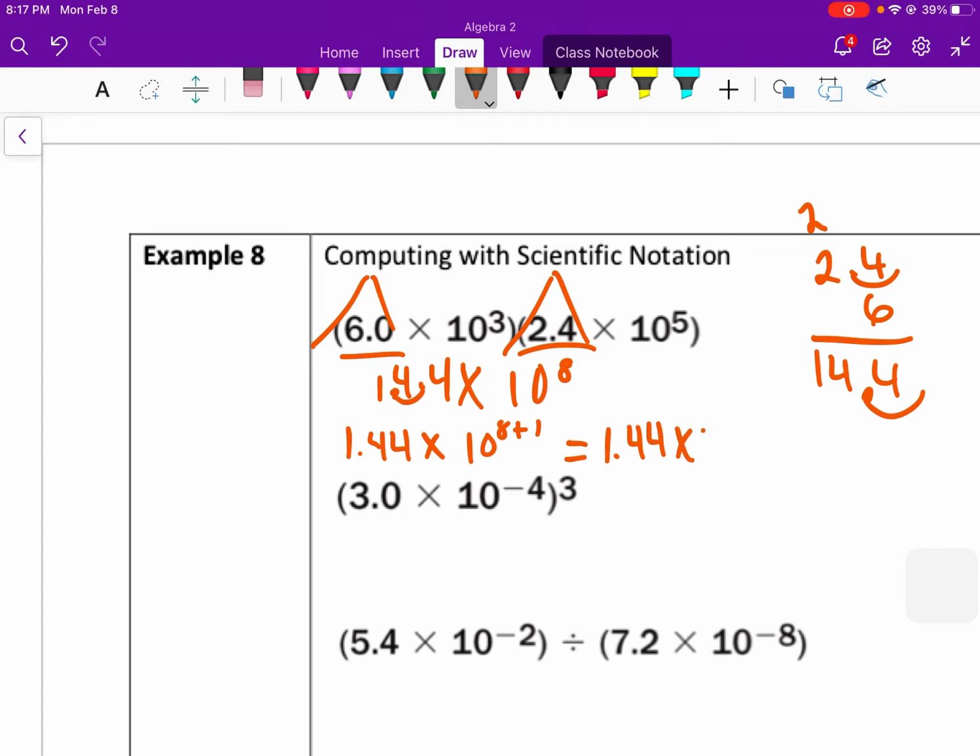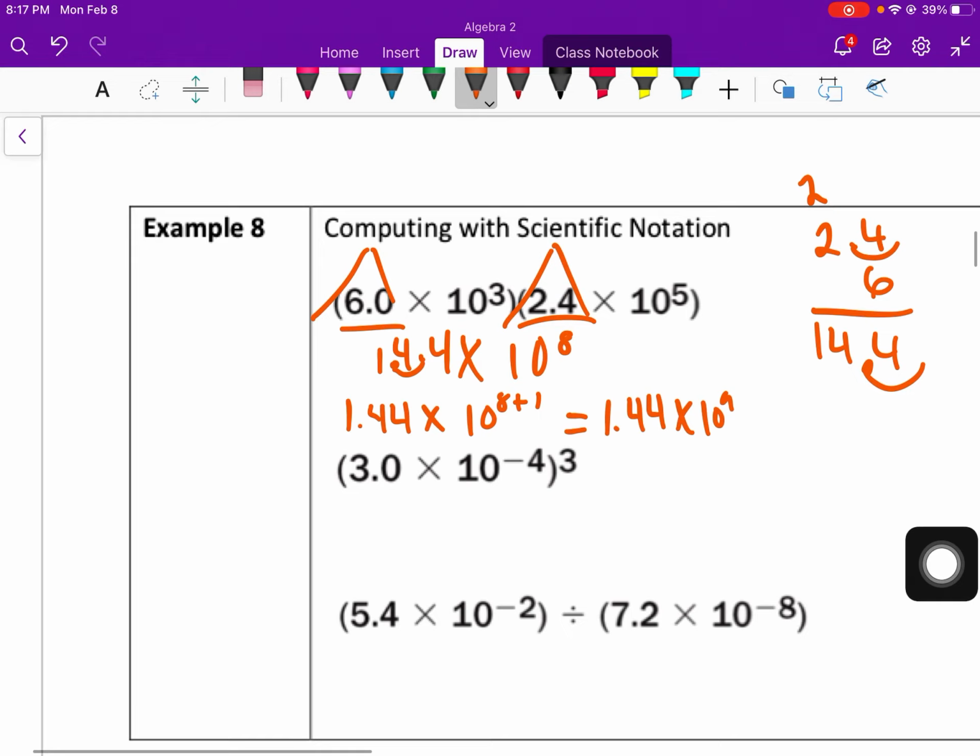So rewriting that, we have 1.44 times 10 to the 9th. It seems backwards, but since we moved to the left, we're going to need one more to rewrite it to go right to where that decimal would be in decimal form.